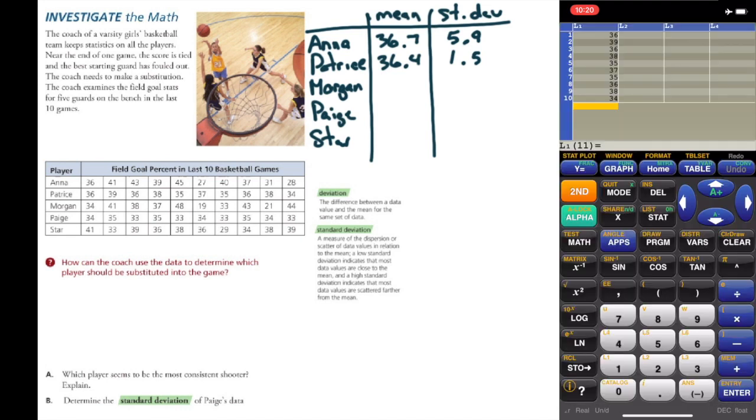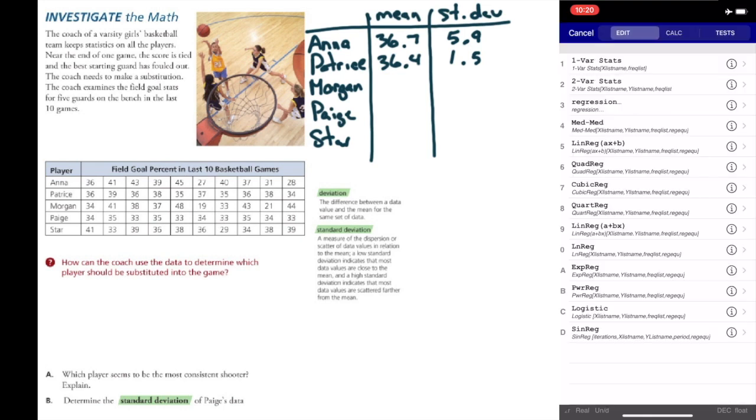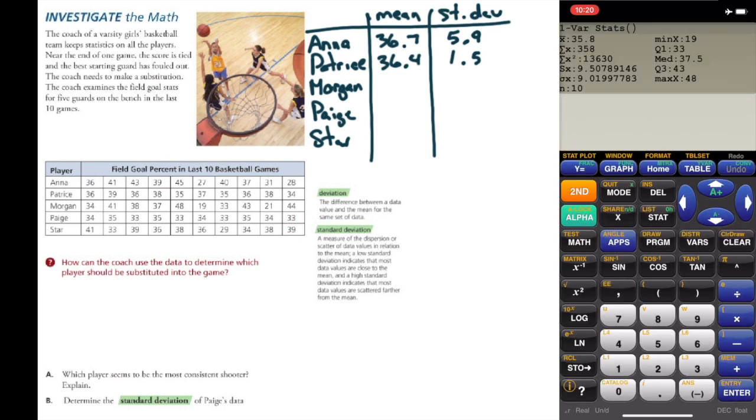Going to Morgan. Quitting out. Going to Calculate, option 1. Morgan's mean, 35.8% with a 9.0 standard deviation.